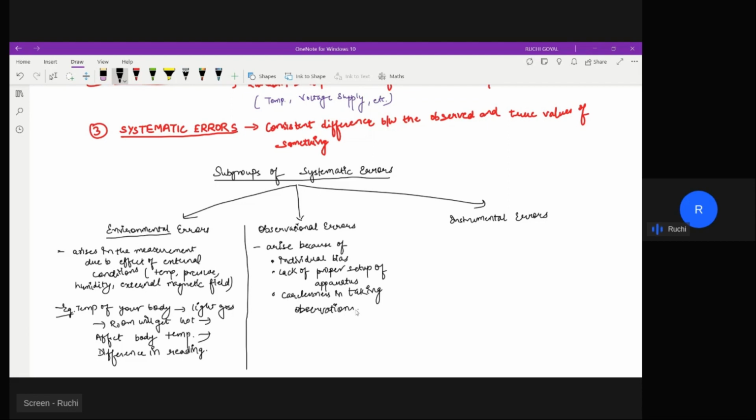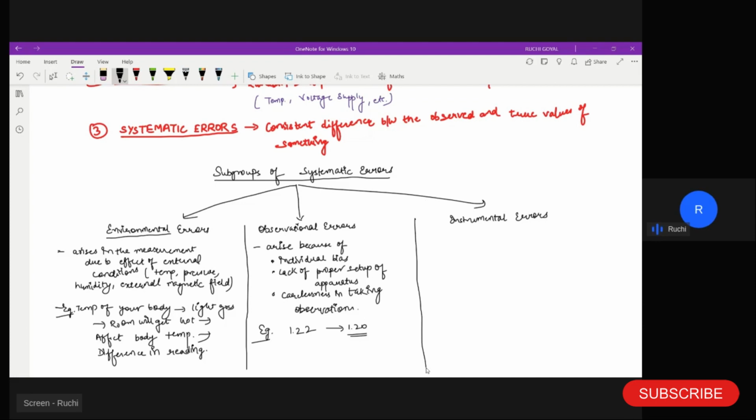Observational errors mean, for example, that the value should be 1.22, but you have written 1.20. This is an observational error.